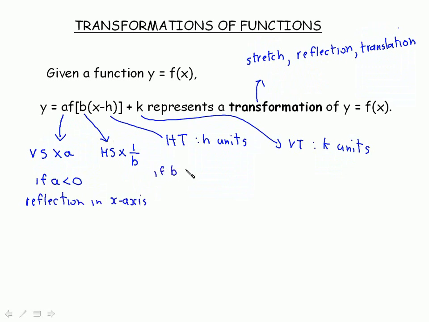If B is negative, then we have a reflection in the y-axis. So that's everything. That's the entire 30 Pure unit in transformations, pretty much right there.